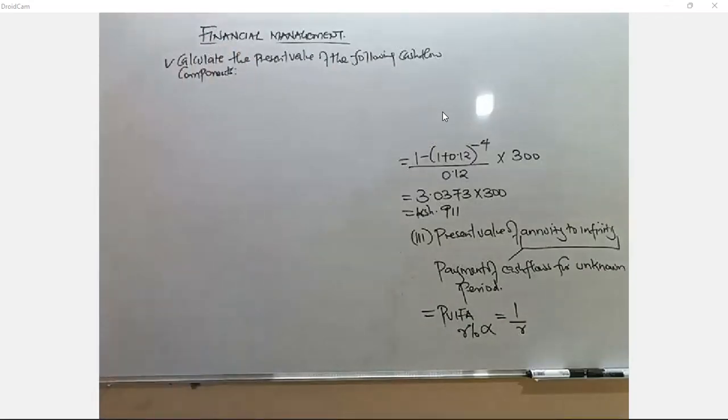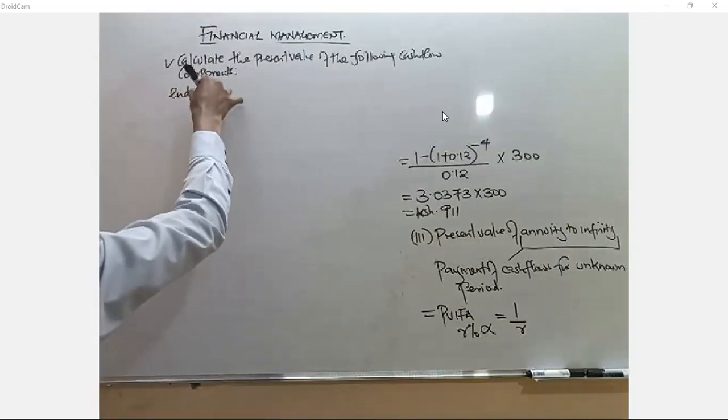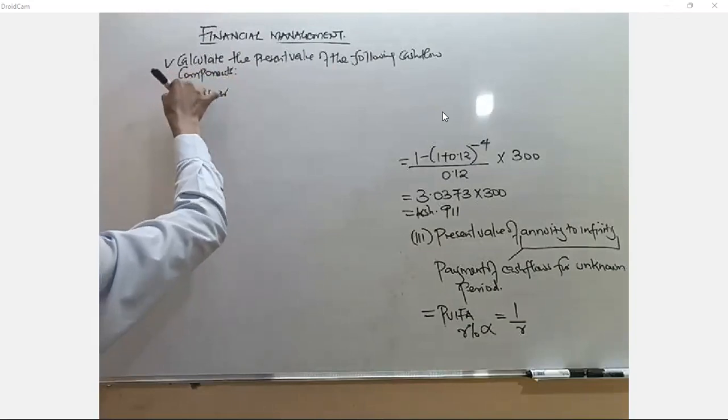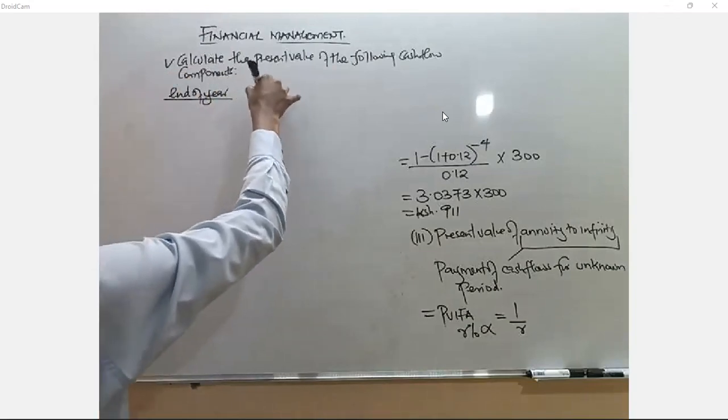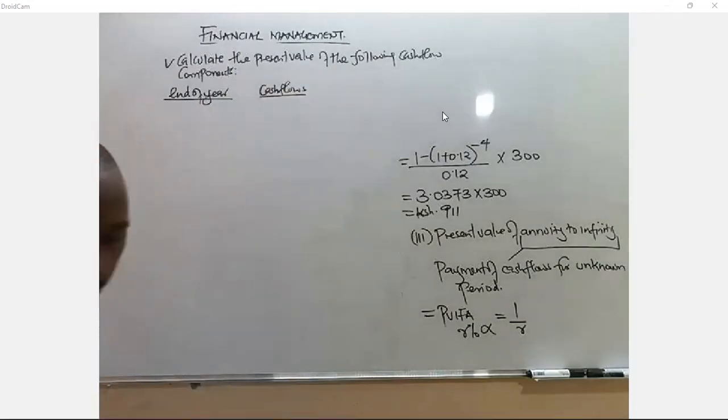Now, in this case, our cash flow will be at the end of the year. We have our cash flow here. We have just been given the two, then I'll give the discount factor later.